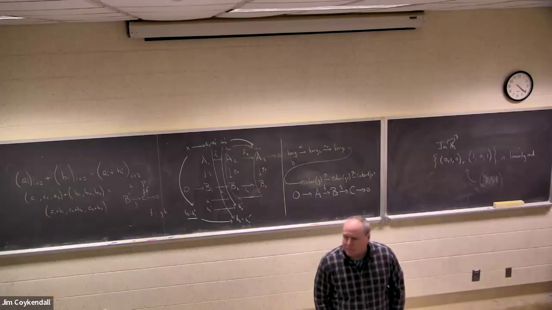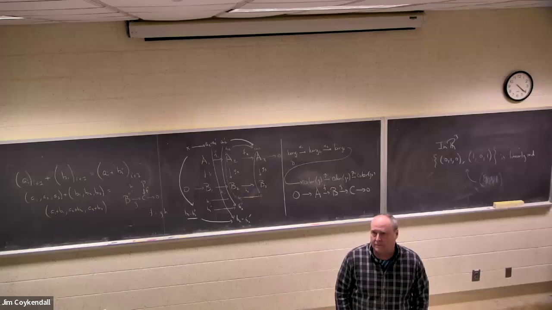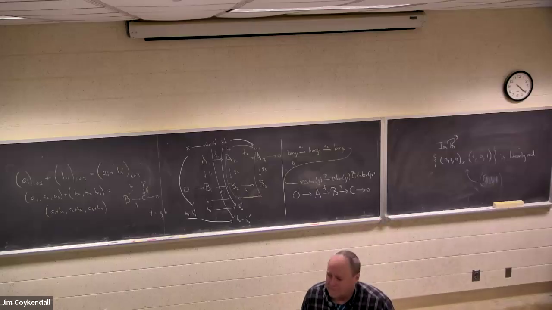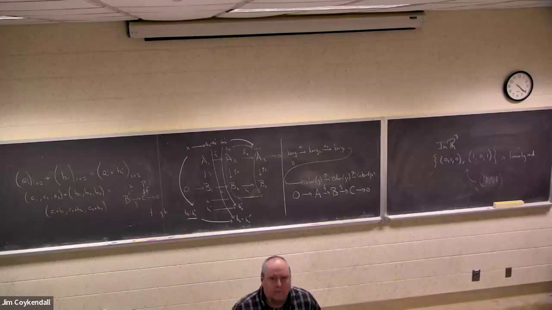So if we were showing that a subset is a basis, do we need to show that it's linearly independent and generates it, or should we show that it's maximal? I would usually show that it's linearly independent and it generates. That is, anything in there is a linear combination of that. Showing it's maximal in arbitrary cases is probably harder.